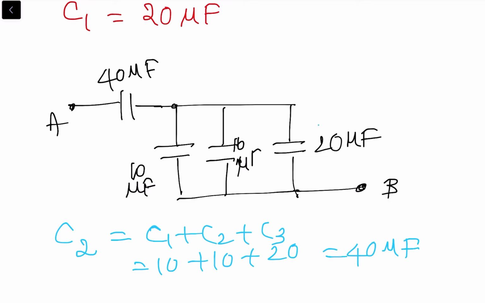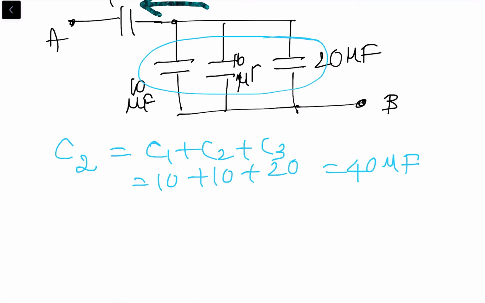So these three together, which I am marking with the blue color, make a parallel combination 10 plus 10 plus 20, which is 40 microfarads. And then that 40 microfarads will come again in series with this 40 microfarads, which I am showing with the arrow mark.